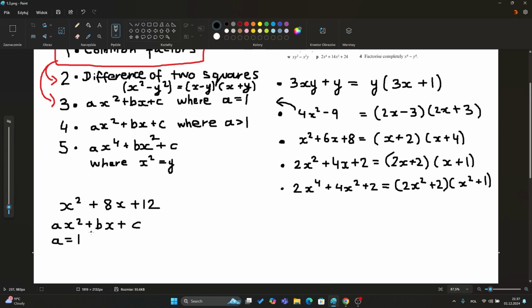So when a is equal to 1, we use the third method, where a equals 1. The a, the b, and the c are coefficients: 1, 8, and 12.